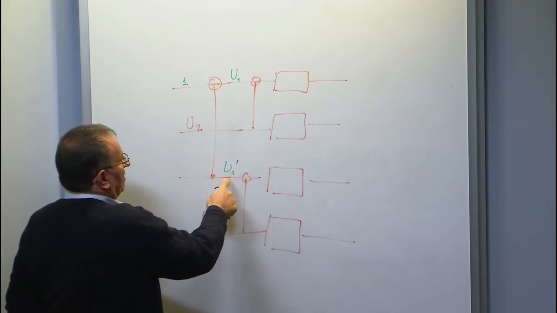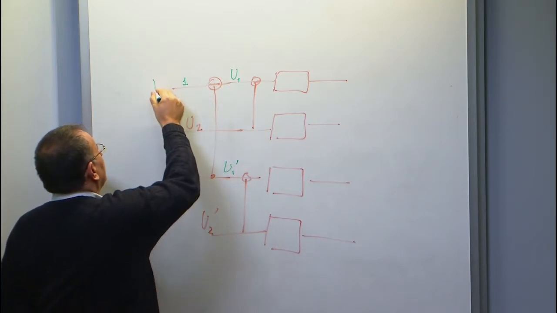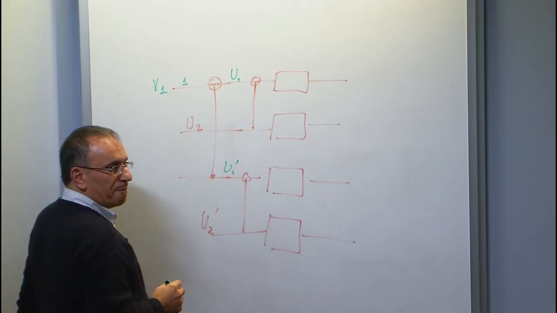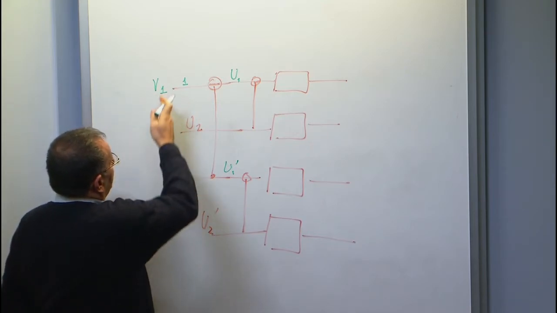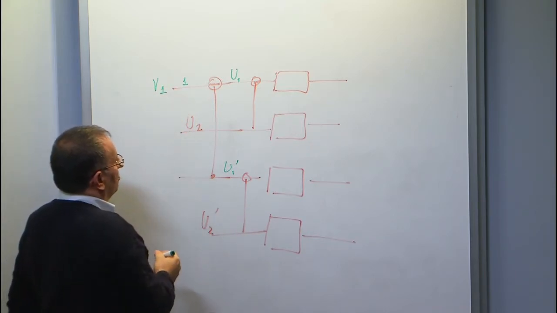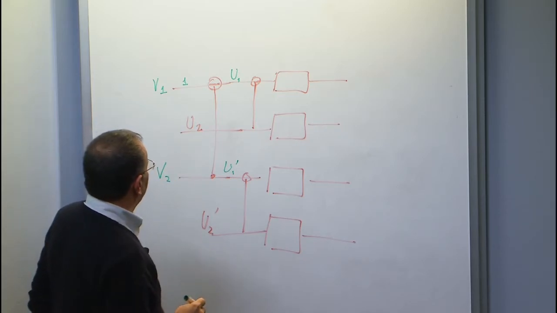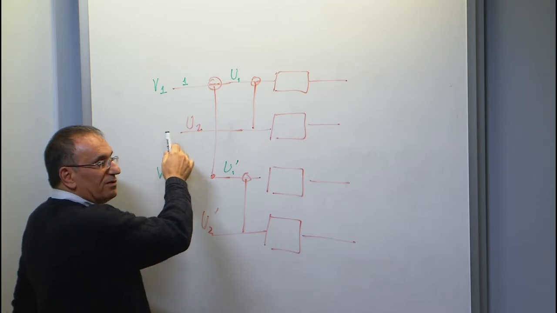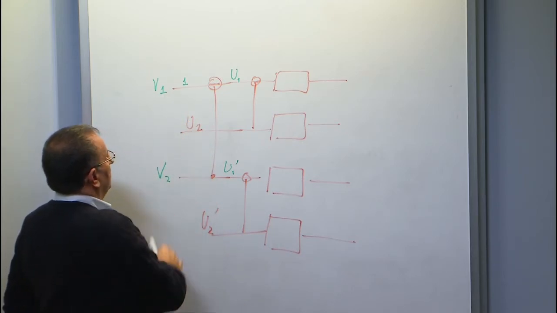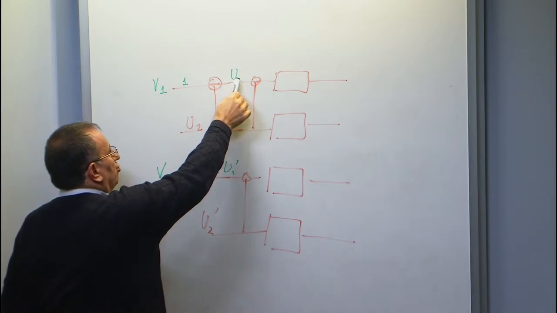U1 and U1 prime have been combined. Let's call this V1, the first channel that I'm going to decode. This is going to be the second channel that I will decode. So when I do it in this order, I will have removed U1.